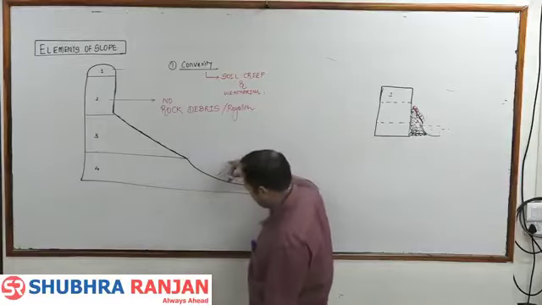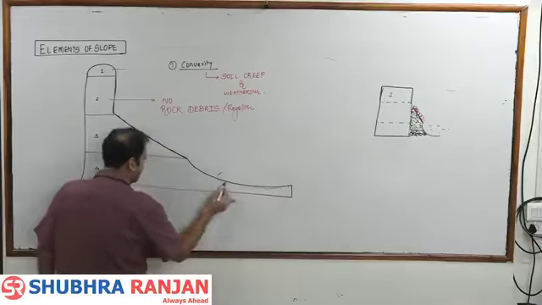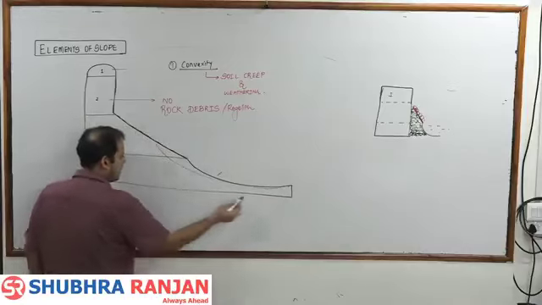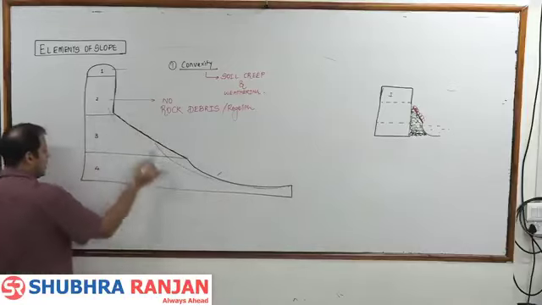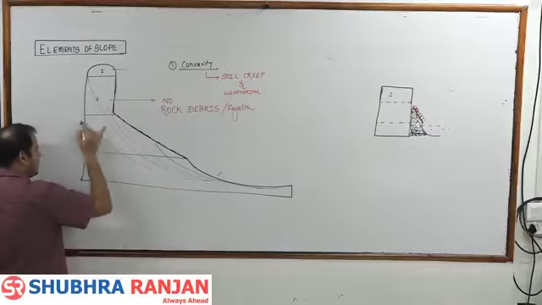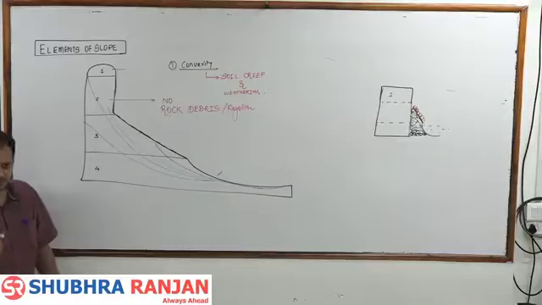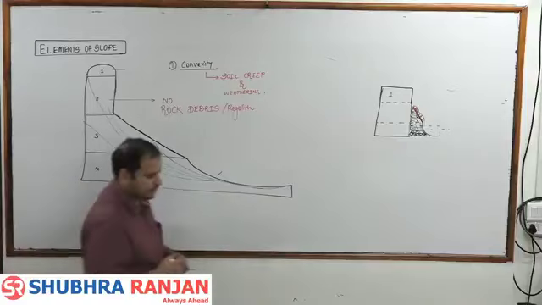And thus the river will be able to erode more sediments, and thus these concave slopes will increase in area. And thus the entire landform will be converted into concavity, slope replacement. Now did you understand slope replacement? Fine?